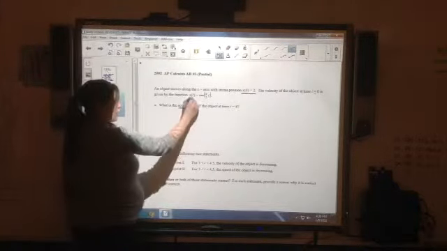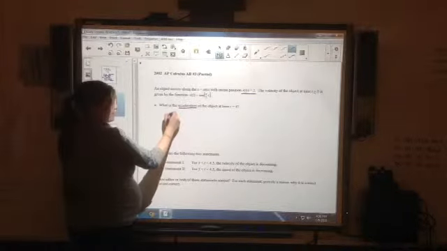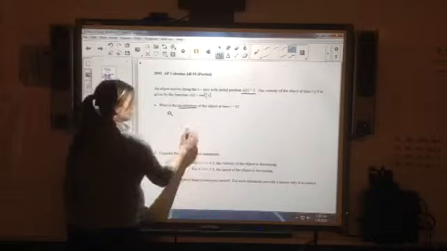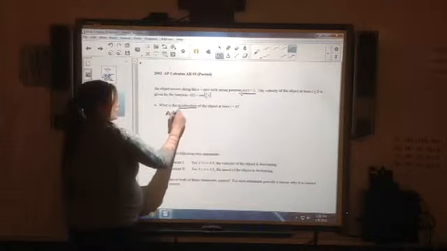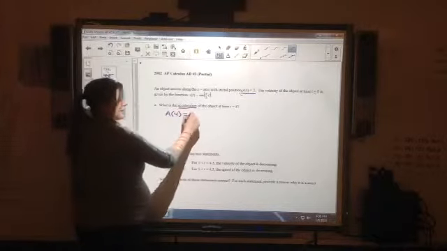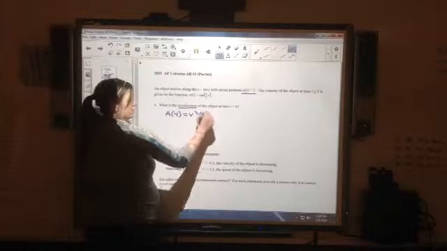So if I am given velocity, the way I know about acceleration is that the acceleration at time 4 is the same as the derivative of velocity at time 4.